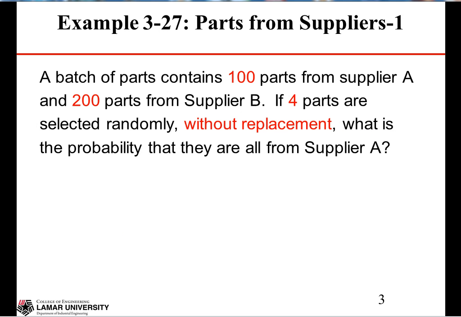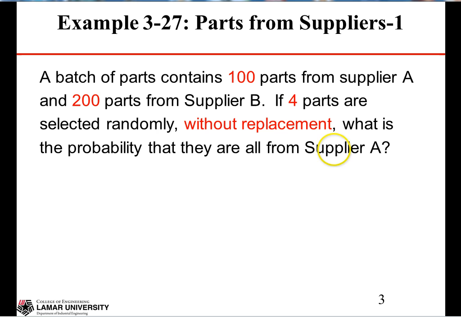So let's look at one specific example. A batch of product contains 100 parts from supply A and 200 parts from supply B, and if 4 parts are selected randomly without replacement, what is the probability that they are all from supply A?